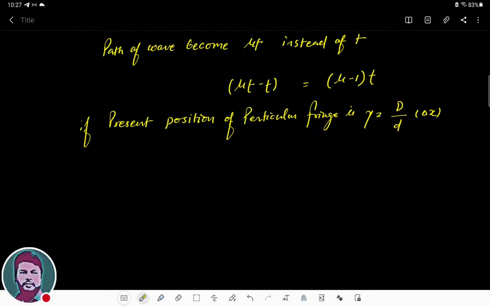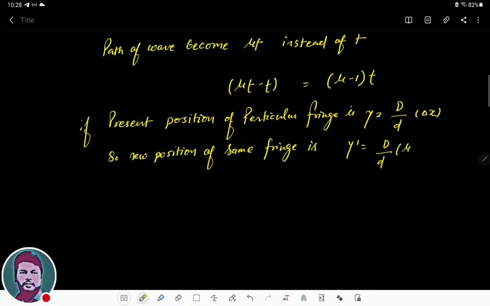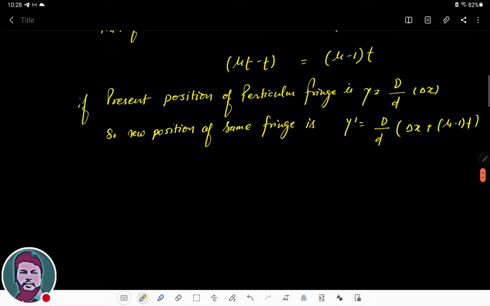All right, so the new position of the same fringe will be y dash, that is d over d delta x plus mu minus 1 t. That will become the new position of that fringe.